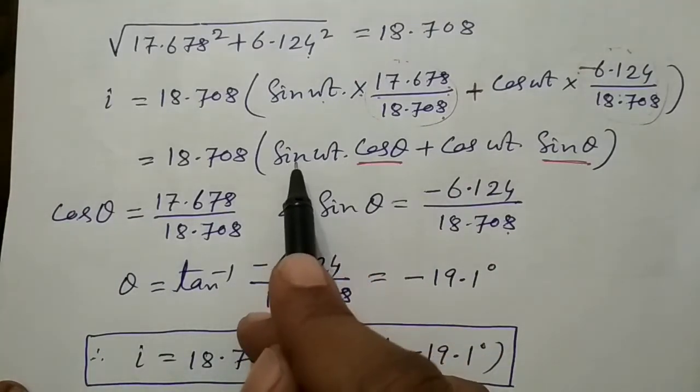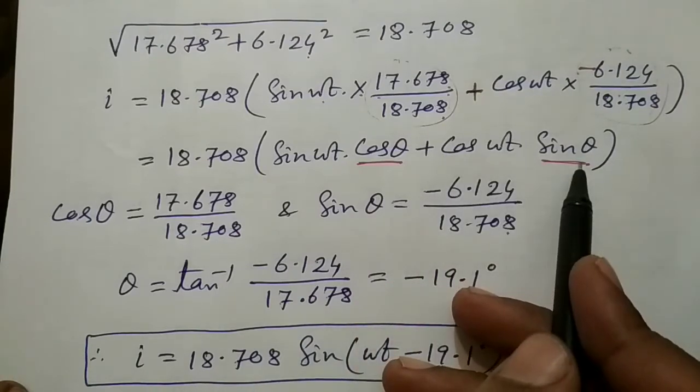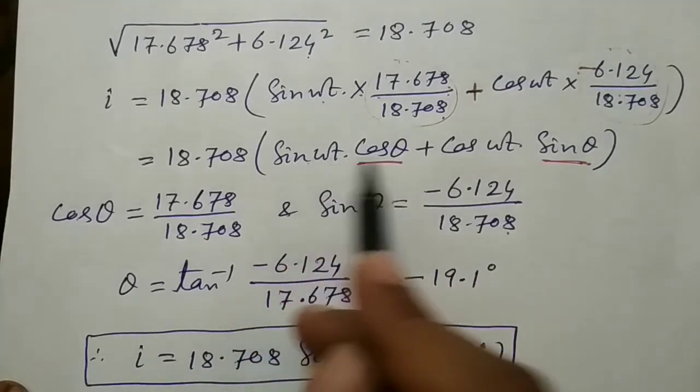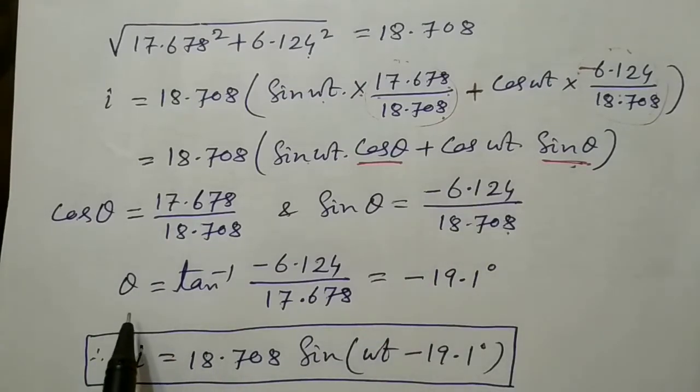As we see, it is sin omega t into cos theta plus cos omega t into sin theta, so definitely it will be sin omega t plus theta, where the value of theta will be tan inverse of minus 6.124 upon 17.678.